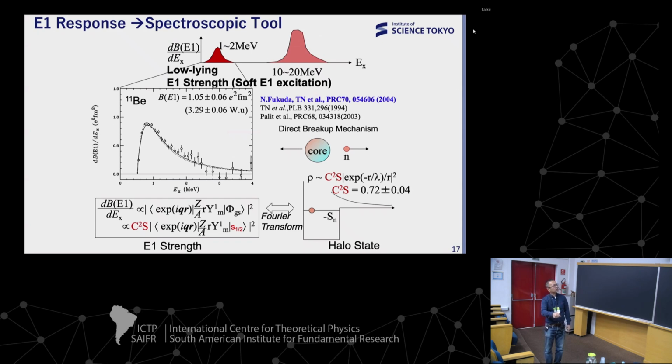And large distance means long wavelengths, right? Long wavelengths means low energies. So that's why we have a low energy peak like this. And this can happen without forming a resonance. So this is not a resonance, but rather a coupling of the ground state and the final state.